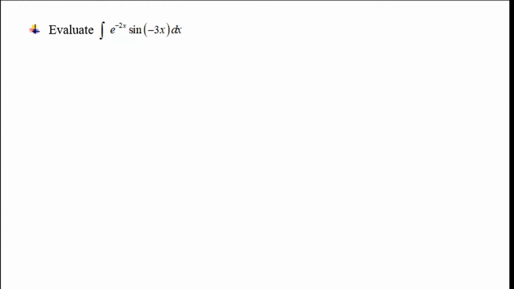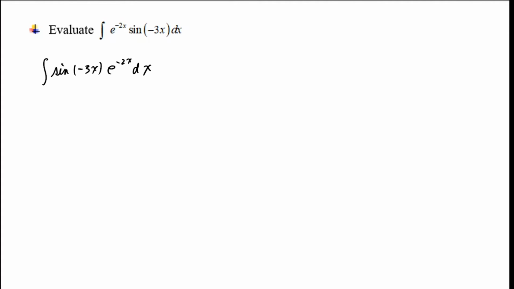Okay, which is u, which is dv in this case? I'm gonna rearrange it a little bit. There's a reason for it. So I'm gonna write this one first, then e to the negative 2x, and then dx like that. Okay, see, we can differentiate this. It doesn't get that much prettier, but we could, and we can integrate this. Or we can differentiate this, and we can integrate this. It can go either way in this case, right?